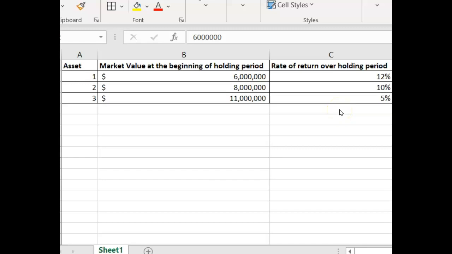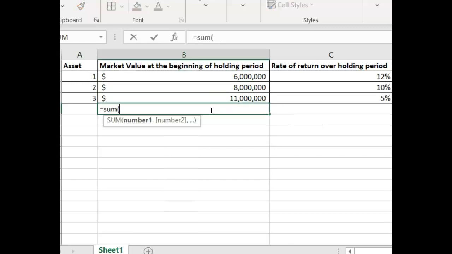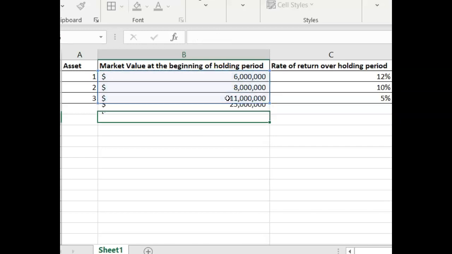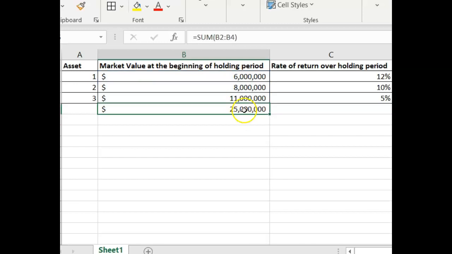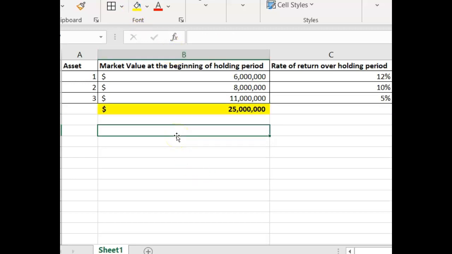The portfolio's total market value at the beginning of the holding period is then equal to the sum of these individual market values, which is equal to $25 million. I'll just put it highlighted so that we can remember that this is the total portfolio market value at the beginning of the holding period.